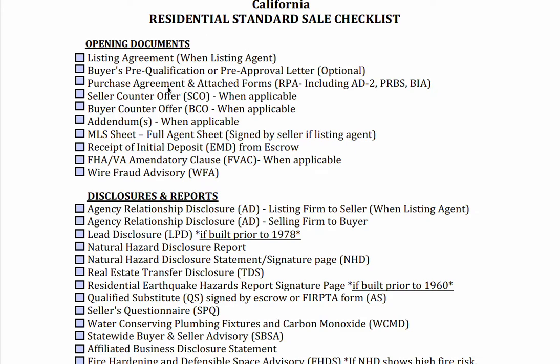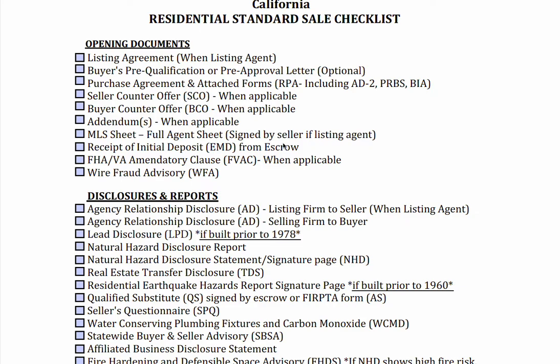We have the purchase agreement mentioned here, any counteroffers used in the transaction, any addendums that were used to amend the terms in the purchase agreement, and the MLS sheet, and we have the seller sign the MLS sheet. The reason is that sometimes agents enter the wrong information by accident. The seller doesn't know and can't correct the agent.